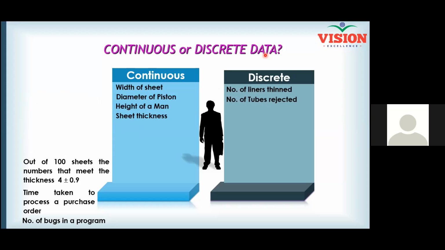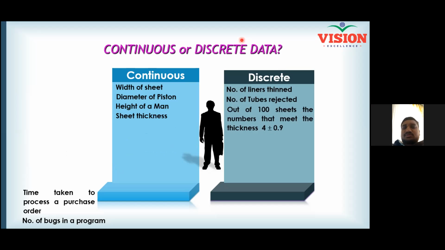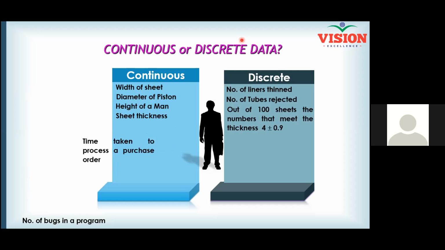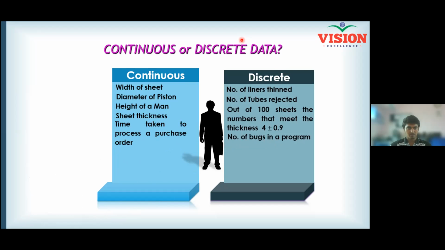Discrete data. Time taken to process a purchase order. Continuous data. Time is a continuous data or discrete data? Continuous. Time is measurable. Number of bugs in a software program. Discrete data. That's all. You have understood the difference between continuous data and discrete data and why it is required.